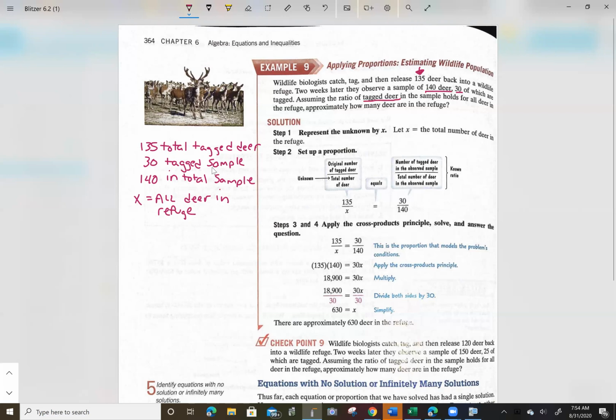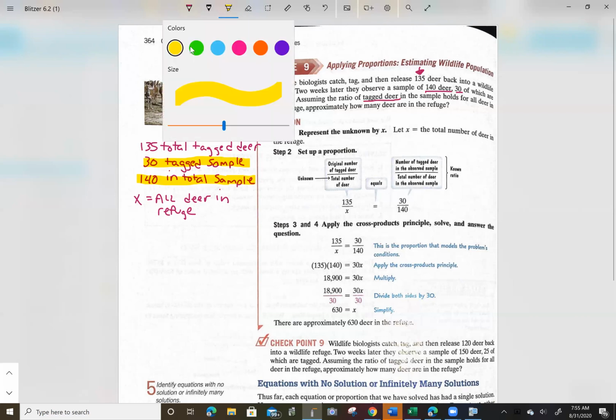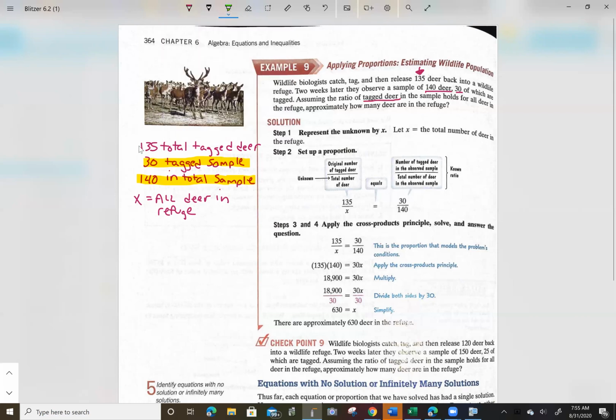Okay. So when you're setting up your proportion, you are going to need to put the numbers that represent the sample, so tagged in the sample and total in the sample, in one fraction. And in the other fraction, it's going to be the total tagged deer and the total number of deer.